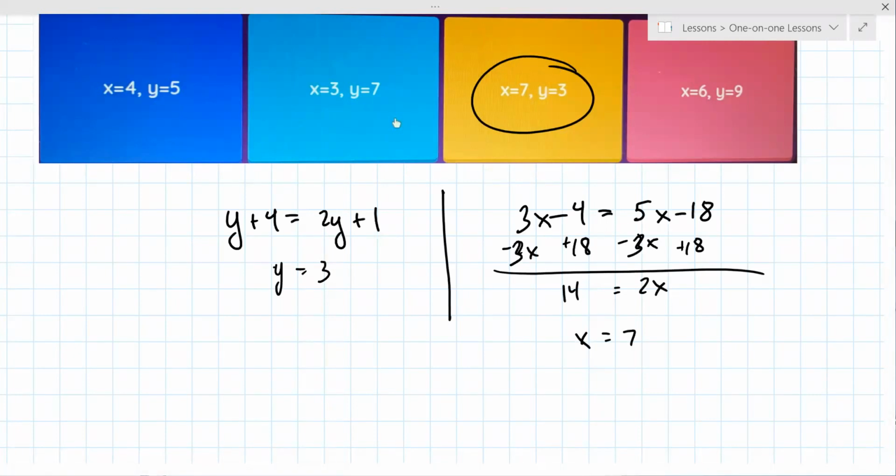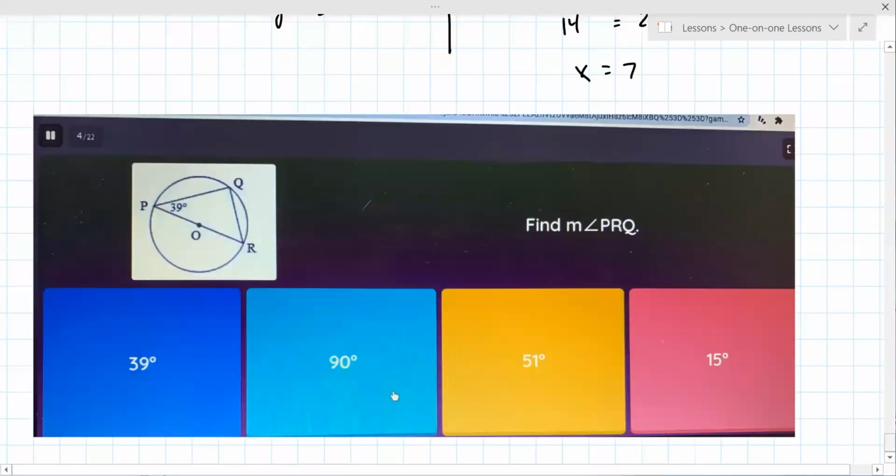Okay, on to the other email here. I see question 4. We're going to find the measure of angle PRQ, P to R to Q. So this angle right here is what we're trying to find. Do you remember what this angle up here is from a previous problem?